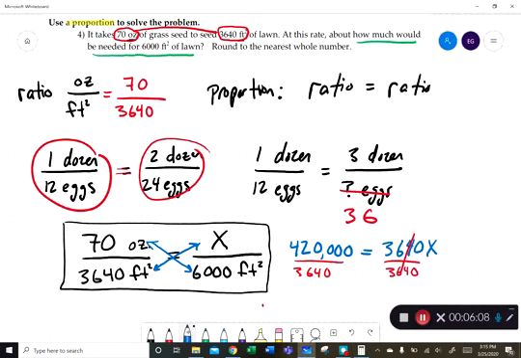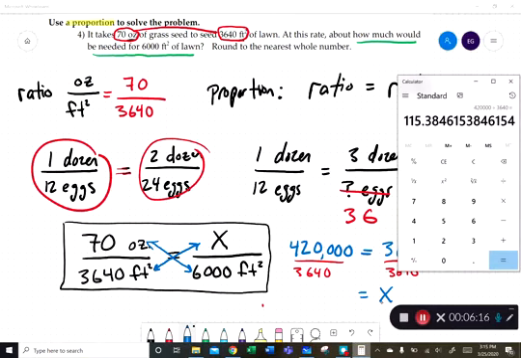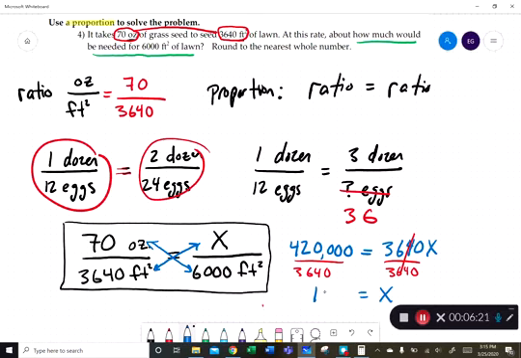So on the right-hand side, we have x, and on the left-hand side, according to the calculator, we have 115. So if it takes 70 ounces to cover 3,640 square feet, it should take 115 ounces to cover 6,000. Okay, that does it for this problem.